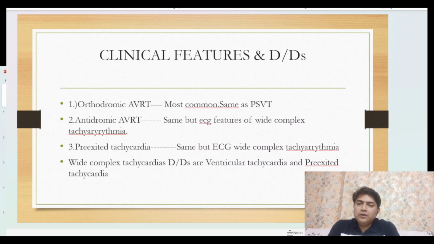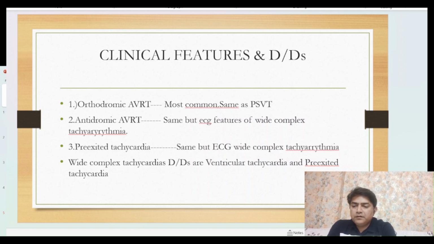Here comes the concept of Wolff-Parkinson-White syndrome, which is very important for you to remember. And you should also know the differential diagnosis of this wide complex tachycardia. The most common causes are ventricular tachycardia and pre-excited tachycardia. This you must understand.